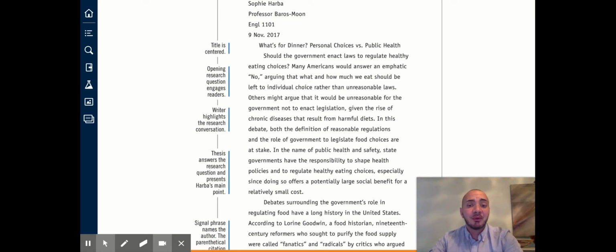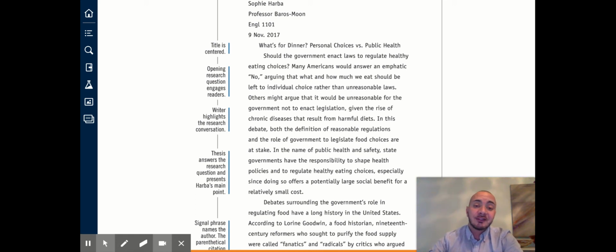In this debate, both the definition of reasonable regulations and the role of government to legislate food choices are at stake. In the name of public health and safety, state governments have the responsibility to shape health policies and regulate healthy eating choices, especially since doing so offers potentially large social benefit for relatively small cost.